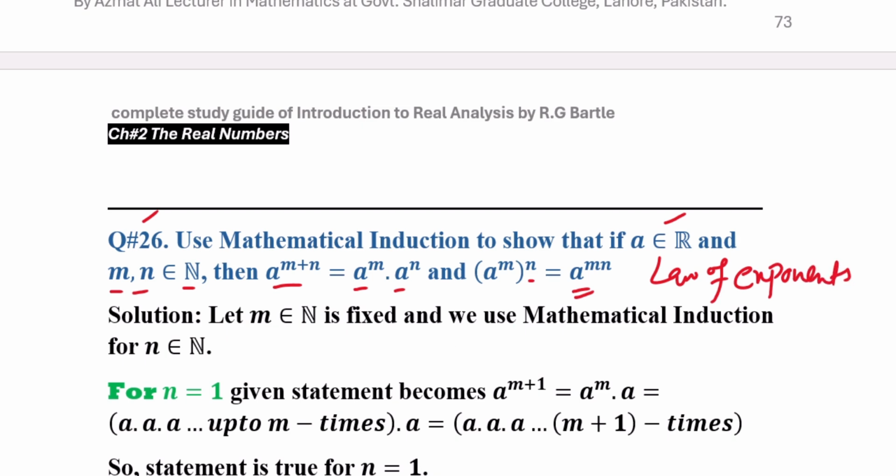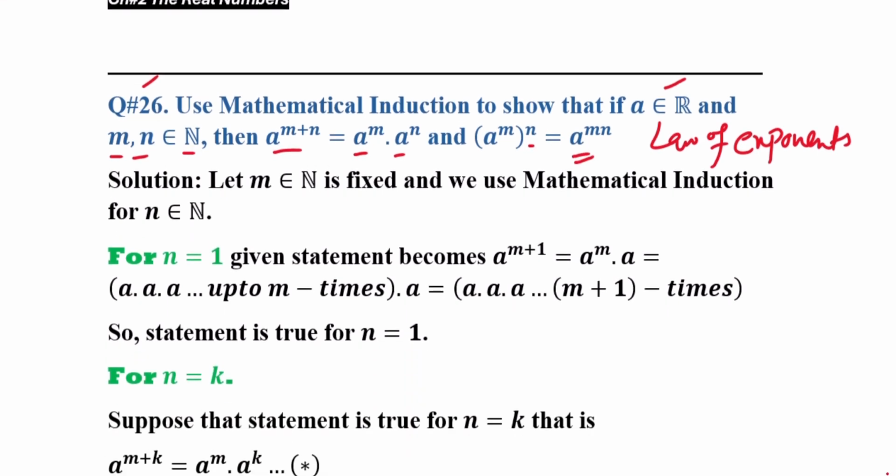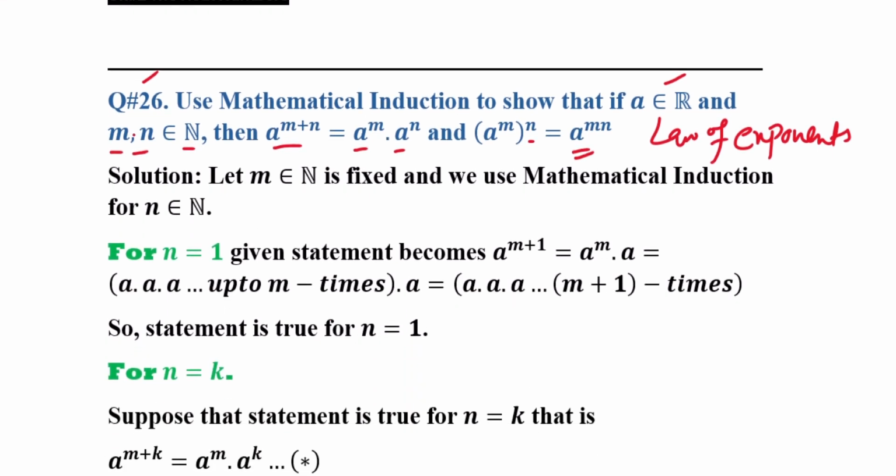In this question, as you see here, there are two positive integers m and n. To solve this question, we will fix one of them. You can fix m and you can fix n. I am fixing m, and we use mathematical induction for the integer n.